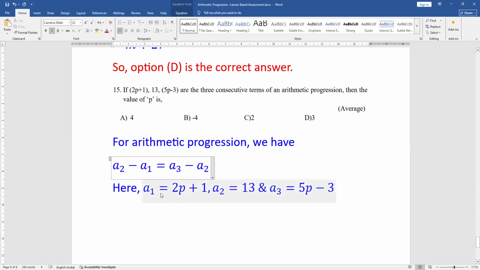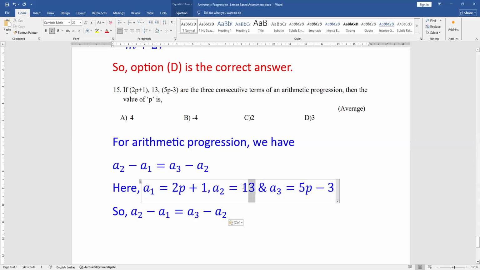I just take this formula and I'll show you how I replace the values. What is a2? The a2 value is 13, so I replace a2 with 13.